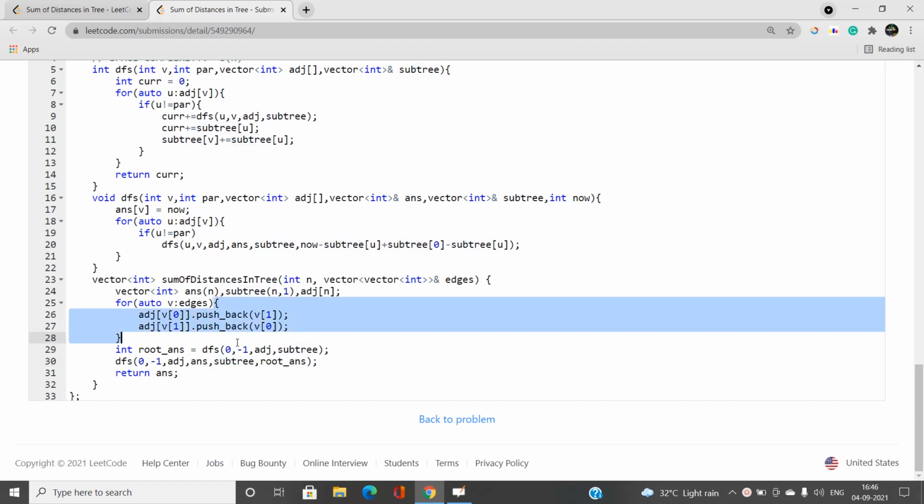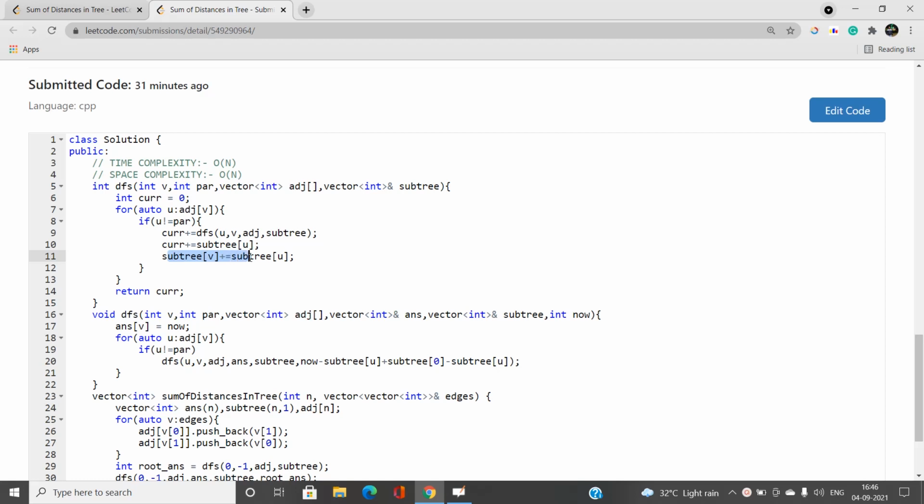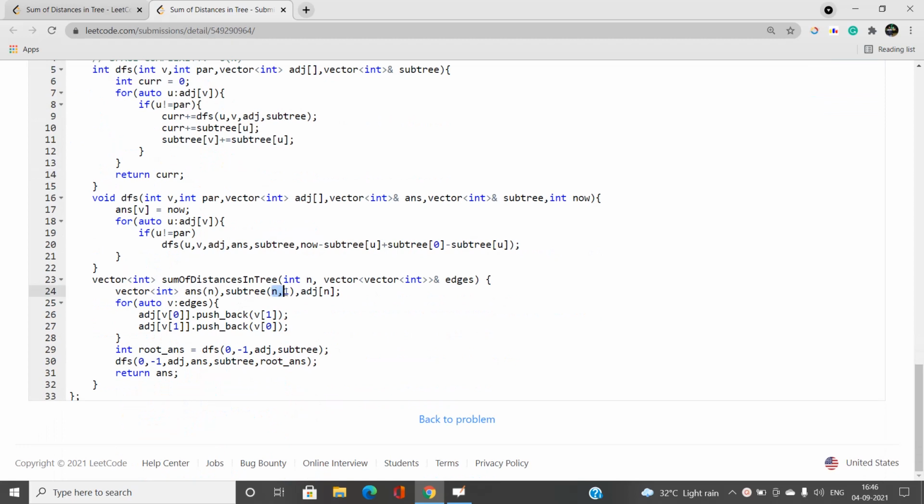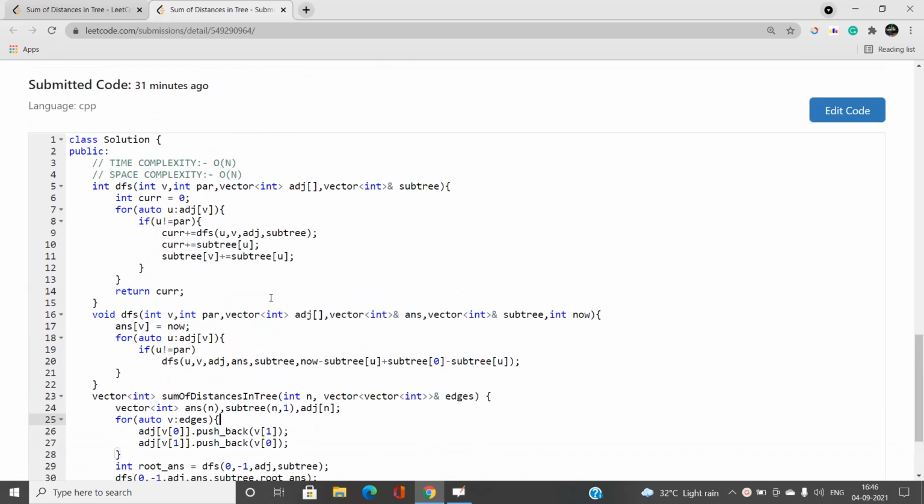And I have done the DFS traversal, along which I am going to fill up the subtree values also, where the subtree of i denotes the number of nodes lying in the current subtree, including the ith node. That's why we initialize the subtree with 1 also. Now note this DFS function.